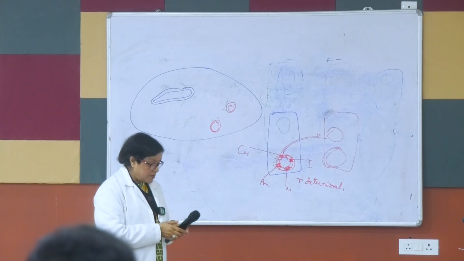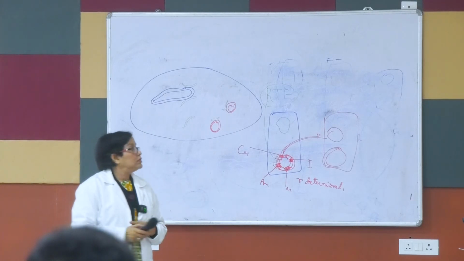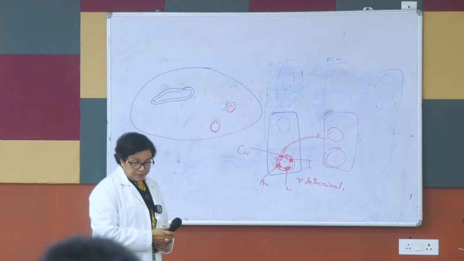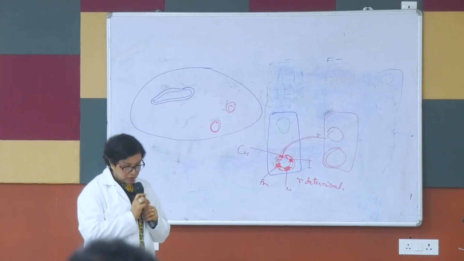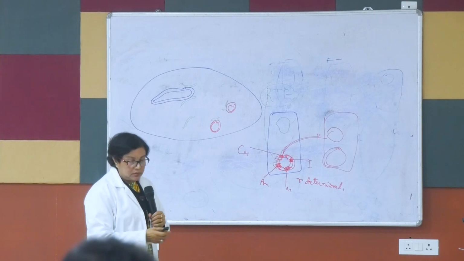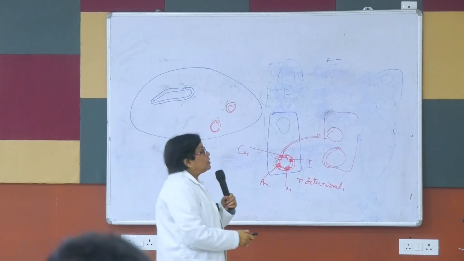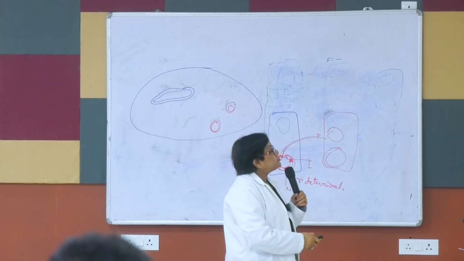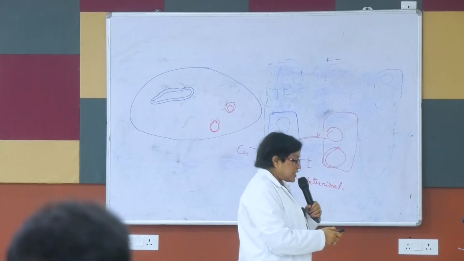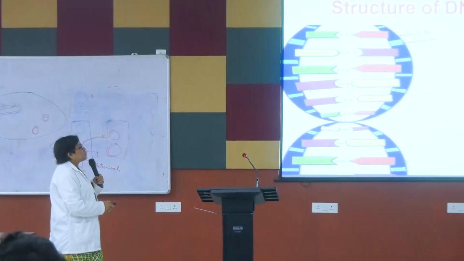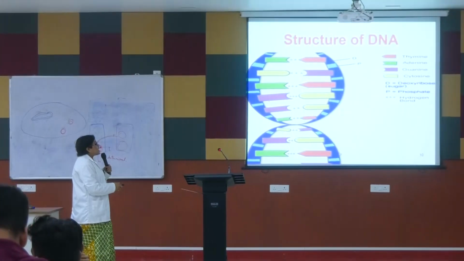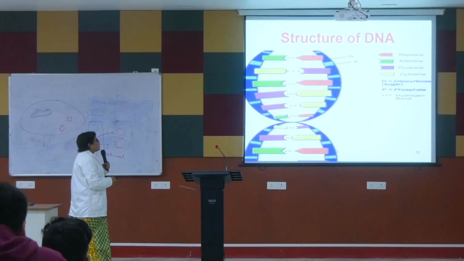Now I will go for the structure. You have all seen it the previous day. This is the genetic structure, structure of DNA. These are thymine, adenine, guanine, cytosine, everything you know.